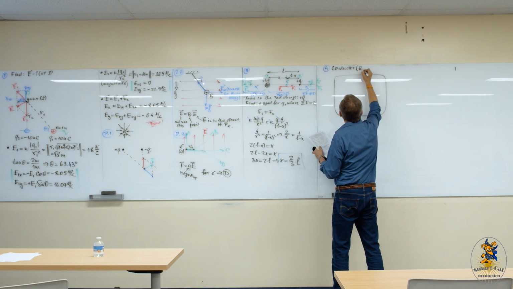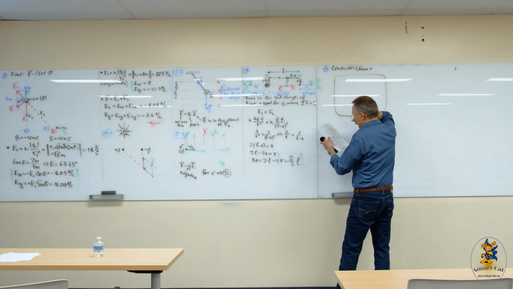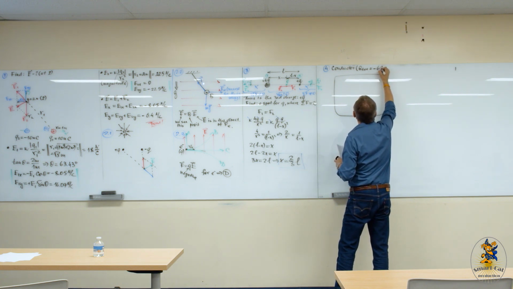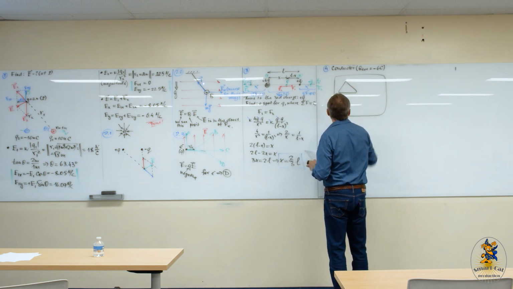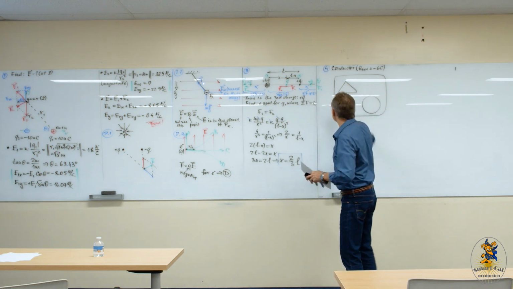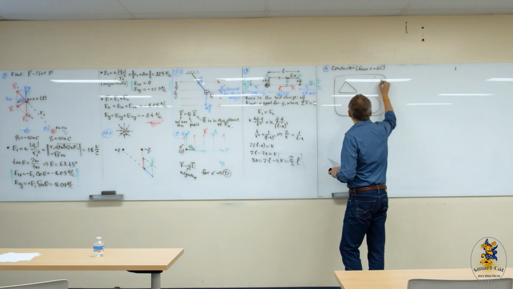Conductor Q total amount of charge is negatively charged, minus 6 coulombs. Then inside of the conductor there are 2 cavities, something like this, and then the second cavity will be here somewhere, 2 cavities. So this is our conducting material.